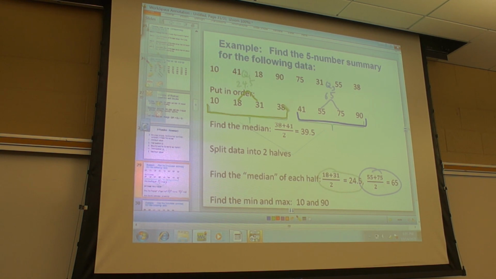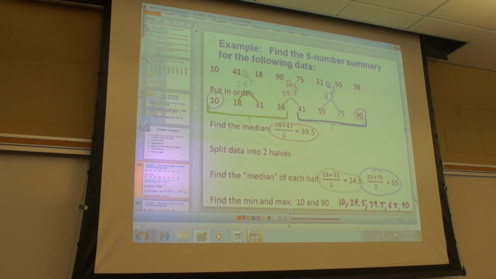Then I've got to take these two numbers and average them, because they're tied for the middle. So 39.5, that's my Q2. And then my min and my max, 10 and 90. So my 5-number summary is going to be 10, comma 24.5, comma 39.5, comma 65, comma 90.